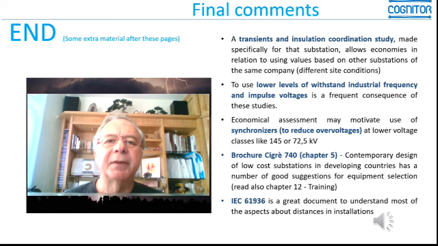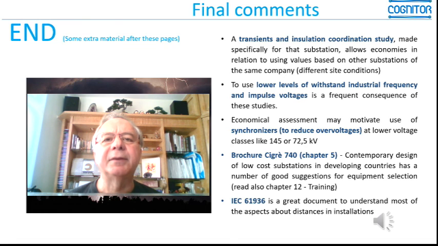The point is that if you have different site conditions, you may have different levels of insulation necessary for each one of them. Okay, it's a normal practice to use more or less the same levels in most of the sites within a certain company.